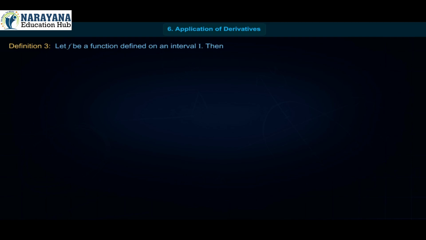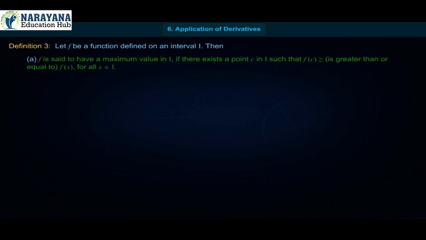Definition 3. Let f be a function defined on an interval I. Then f is said to have a maximum value in I if there exists a point c in I such that f of c is greater than or equal to f of x for all x belonging to I.